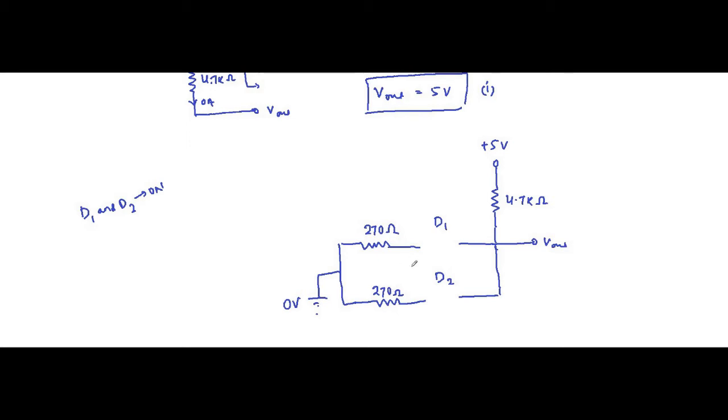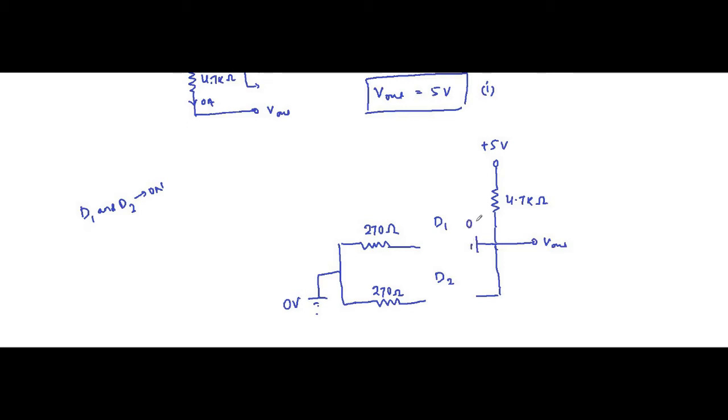Okay, first let us further cut it so that there is some space. We'll replace them with their built-in potentials and their forward resistance. The forward resistance value is 35 ohm, and the built-in potential is 0.6 volt.